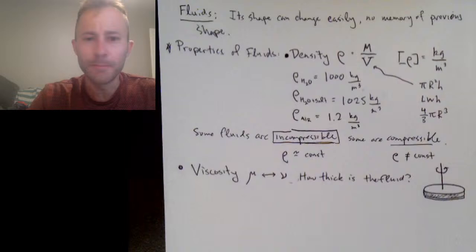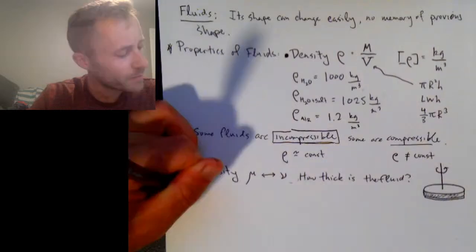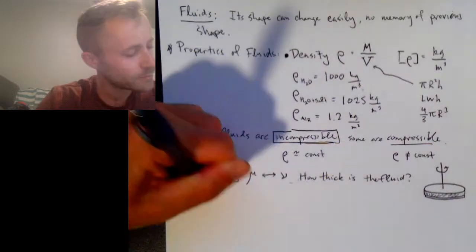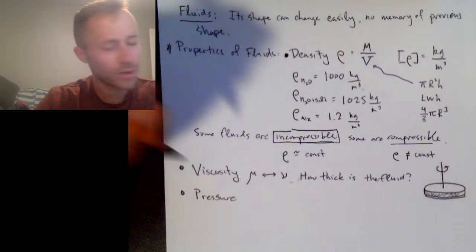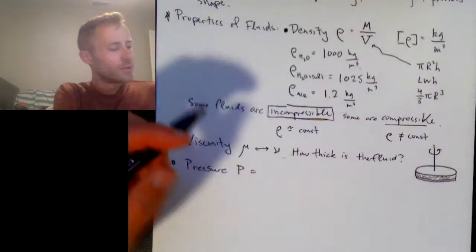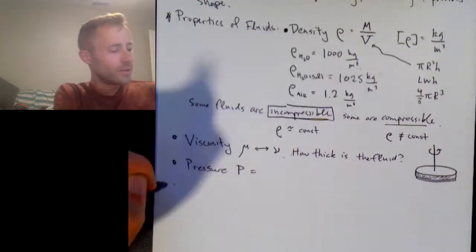So the other property of a fluid is pressure. Pressure is denoted by P. And if we think about a fluid, let's say we have an ocean.